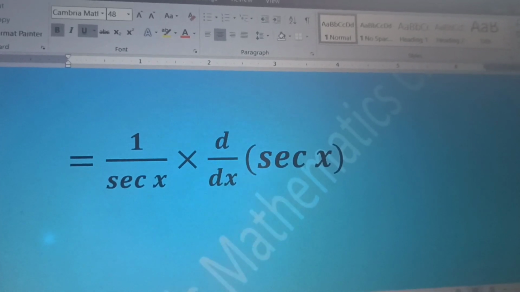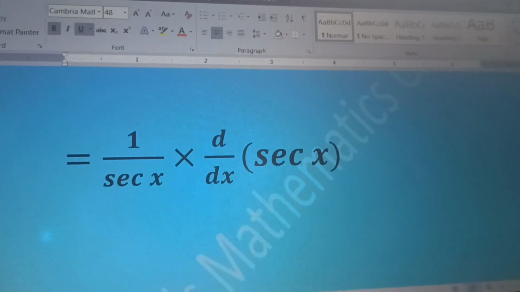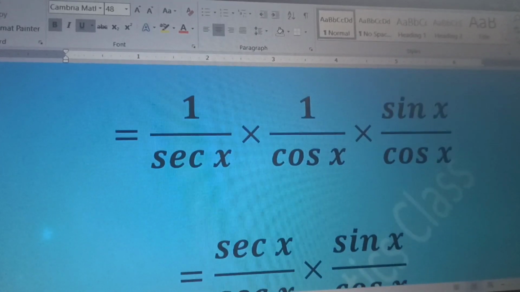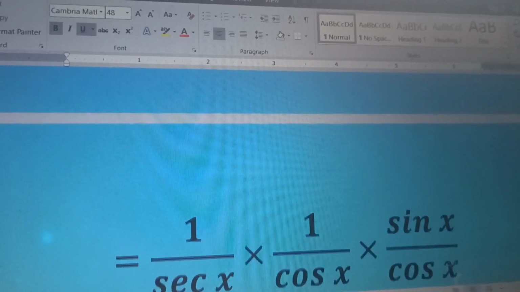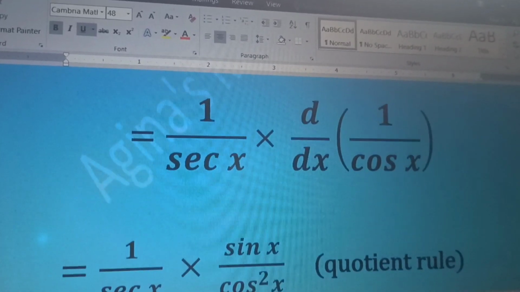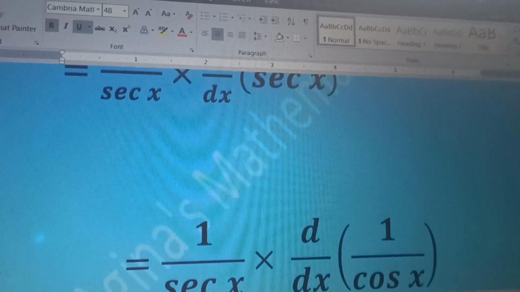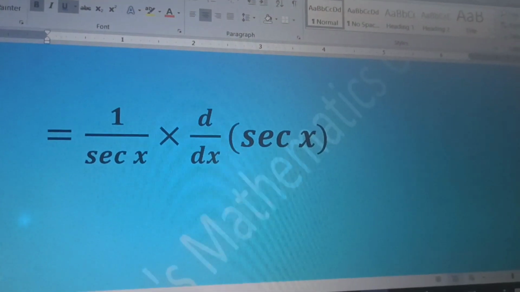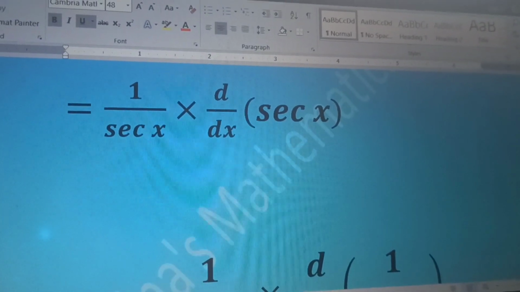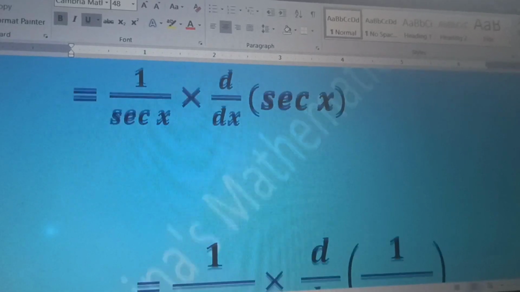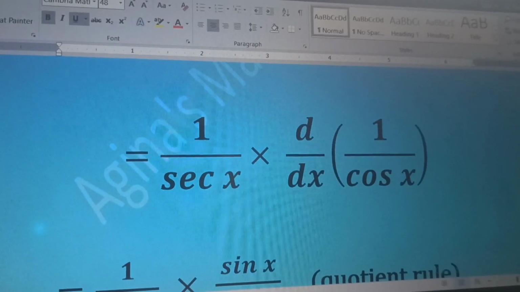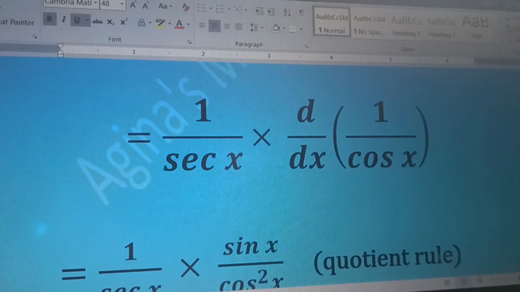That's a function of a function, and we know that sec x is equal to 1 over cos x, so we will express sec x as 1 over cos x. So we have here 1 over sec x times d dx of sec x. So that is 1 over sec x times d dx of 1 over cos x.